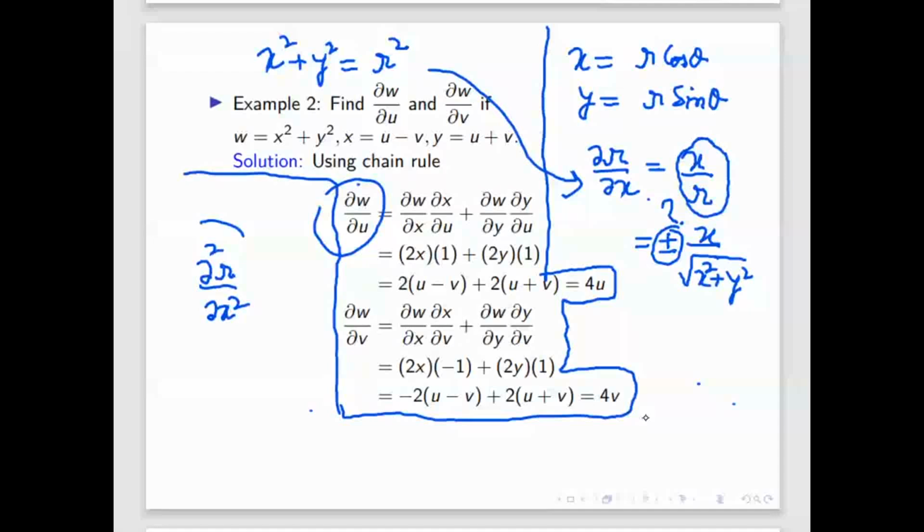And the second one is, what will be the value of this? The double derivative with respect to x. Similarly, we can find r with respect to y, or the mixed derivative also.